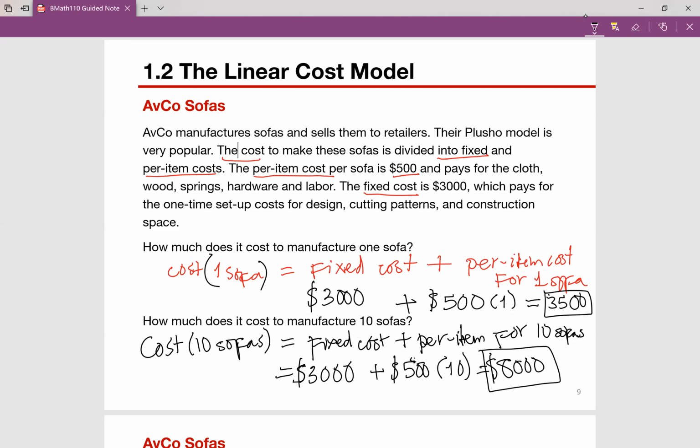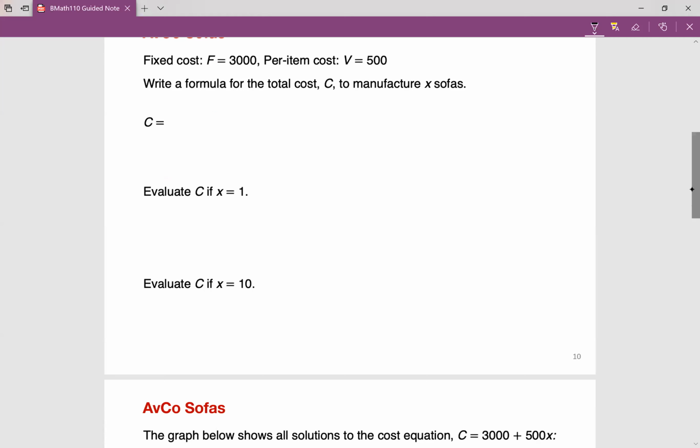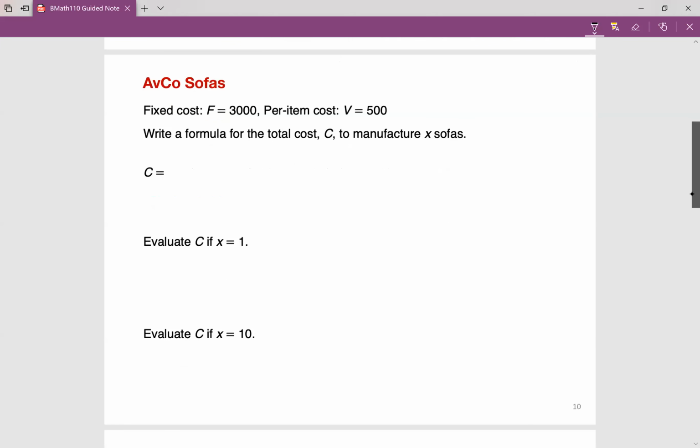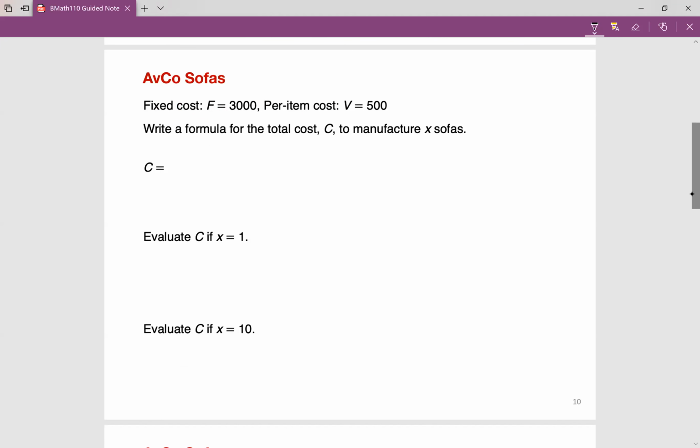So that's going to be the answer for these two questions. Let's move down to the next page.